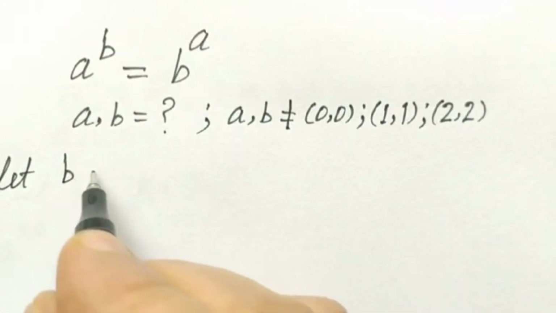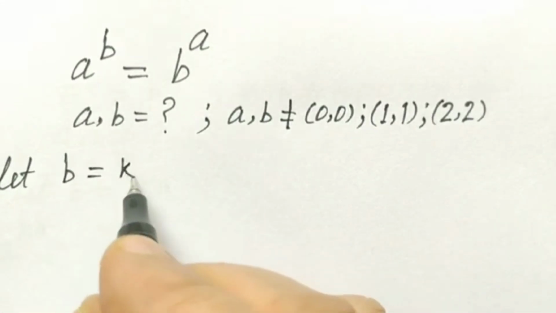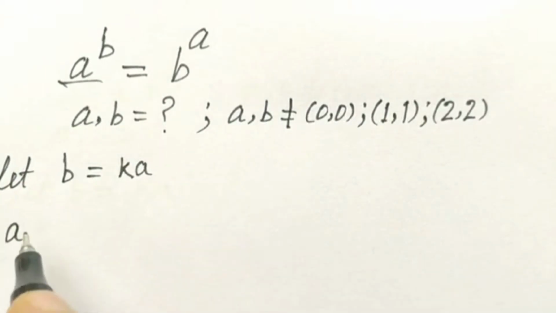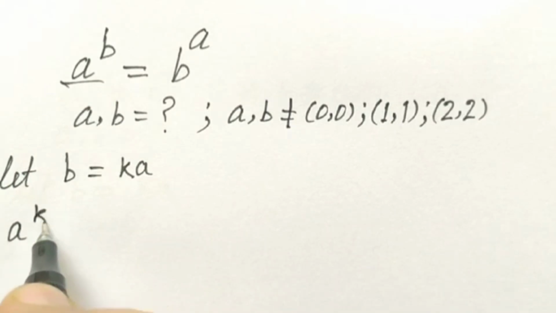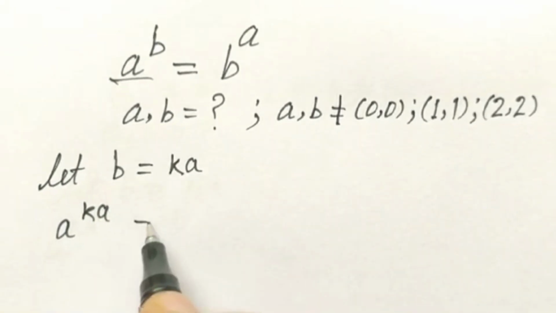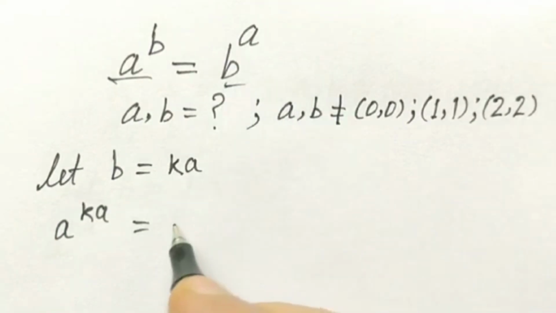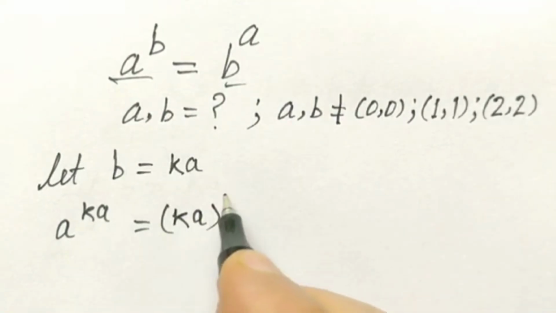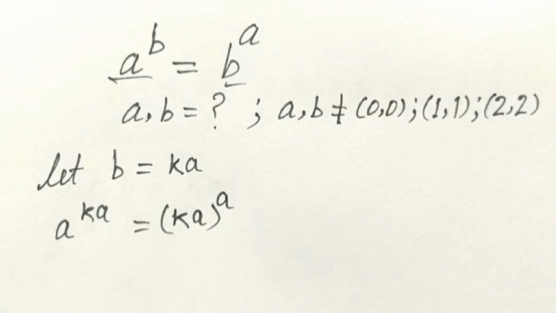Let b is equal to k into a. So a to the power k into a is equal to ka to the power a.